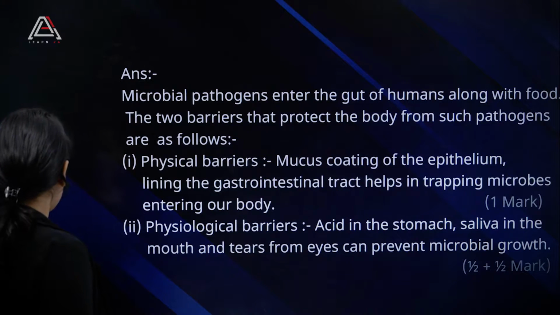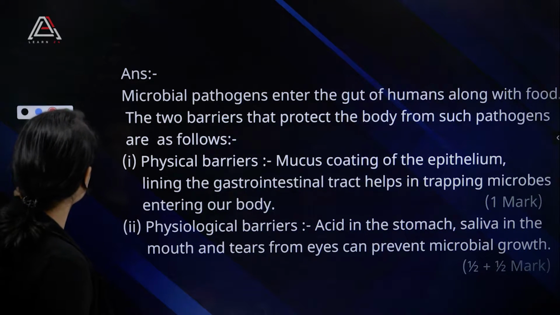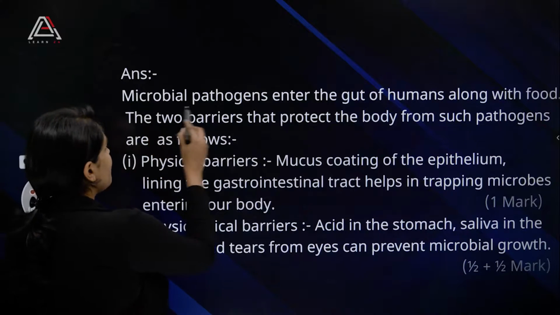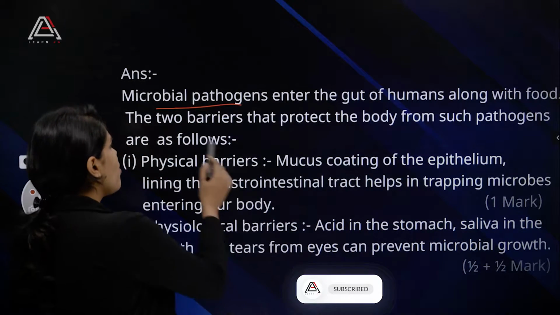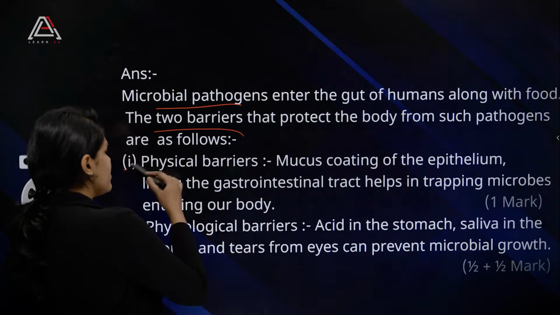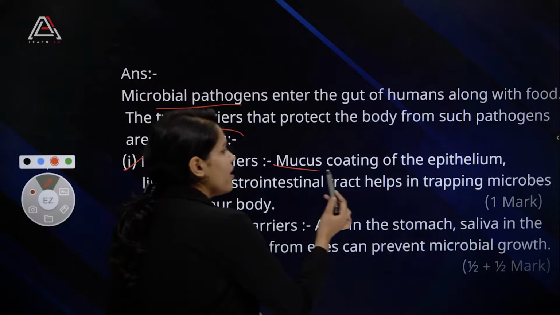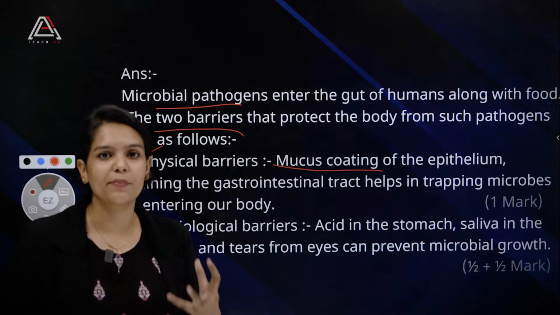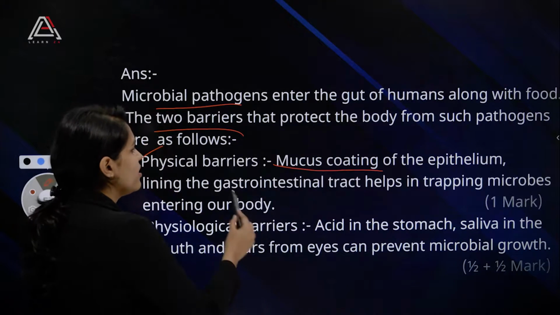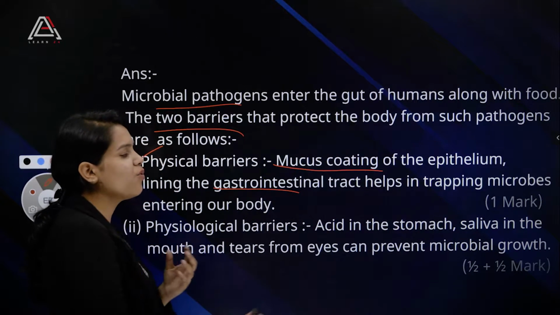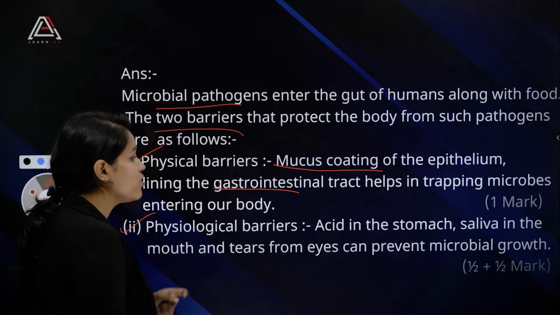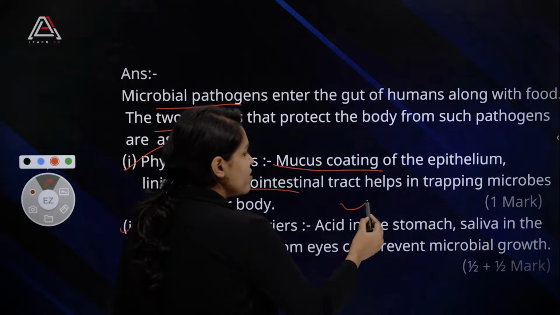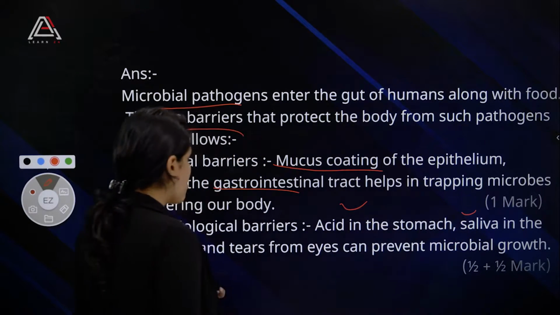Alright, so let's see the answer for this particular question, which you can write. Wonderfully put together. They have mentioned the microbial pathogen which has the ability to enter the gut, and they are talking about the 2 barriers. The physical barrier, where they explain how mucus, the coating of the epithelium lining in the gastrointestinal tract, helps to trap the microbial pathogen. And in the physiological barrier, they have mentioned acid in the stomach and saliva in the mouth.